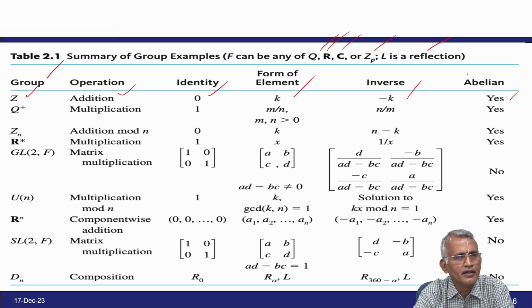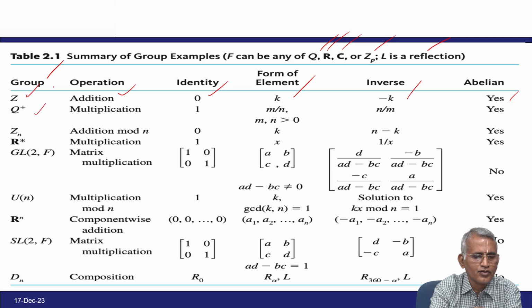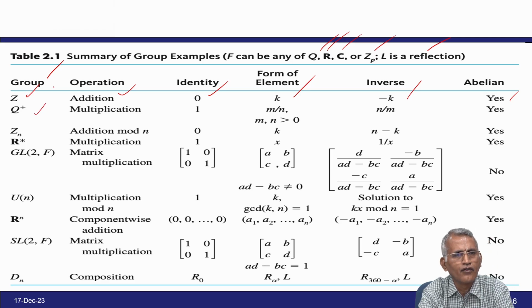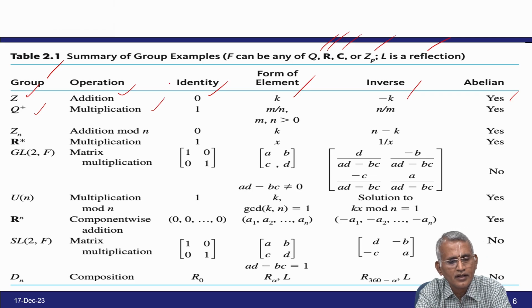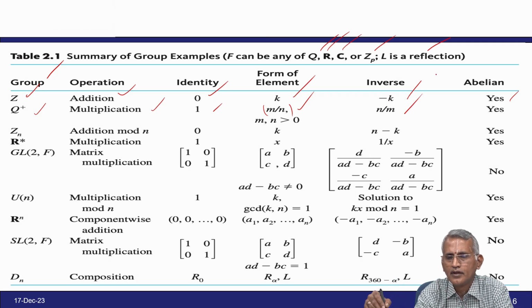And for Q plus, it is the rational numbers, only positive rational numbers p by q, and you take the operation as multiplication, and then the identity is 1, an element is m by n, and its inverse is n by m, therefore it obeys the abelian group.